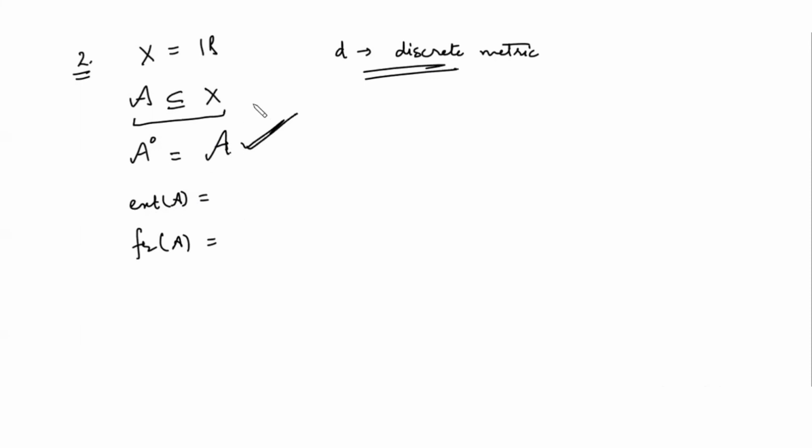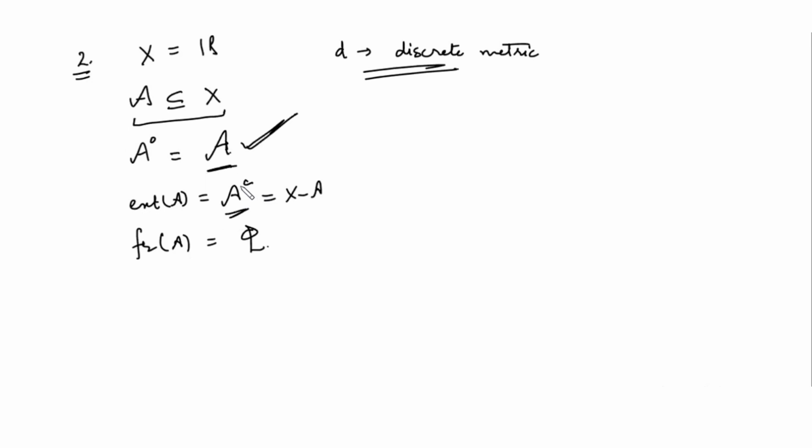What will be the exterior of A? X minus A. Yes, that is the complement of A. What will be the frontier of A? Phi. Yes, it is phi. There is no point which is neither an interior point of the complement nor of the set itself, because every point will be an interior point for either A or A complement.